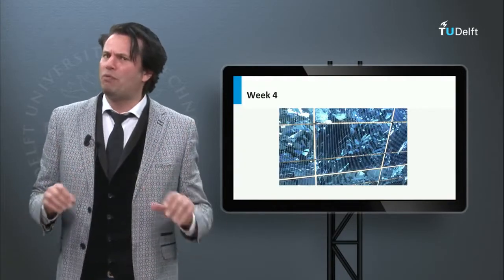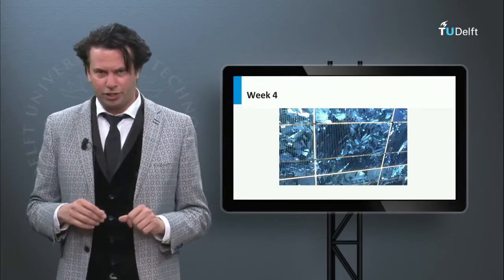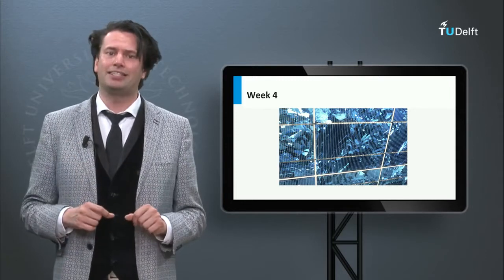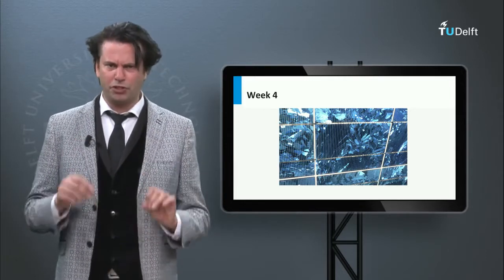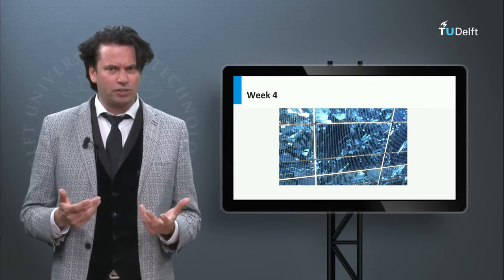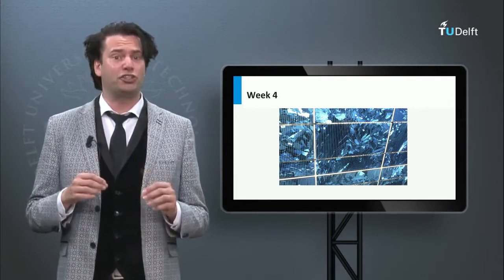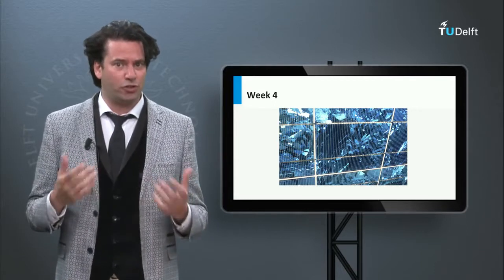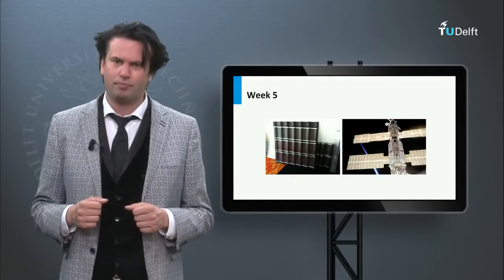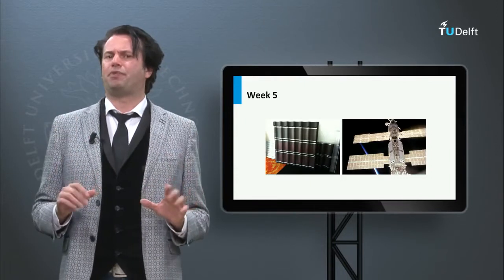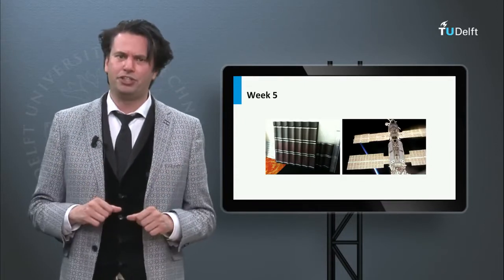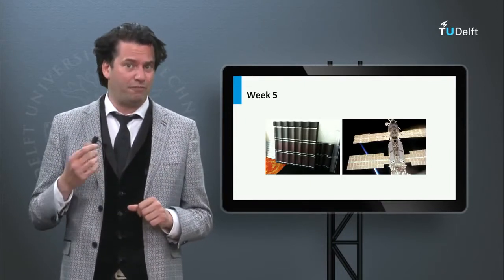In week 4 we will discuss the most dominant solar cell technology, which is based on crystalline silicon wafers. We will discuss the processing methods, the various different device concepts and the challenges of the crystalline silicon PV technology for the future. In week 5, we will discuss the other PV technologies based on thin films.